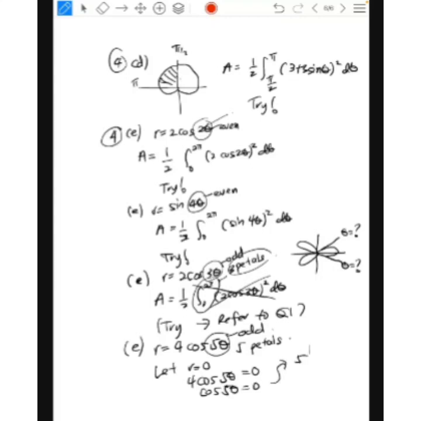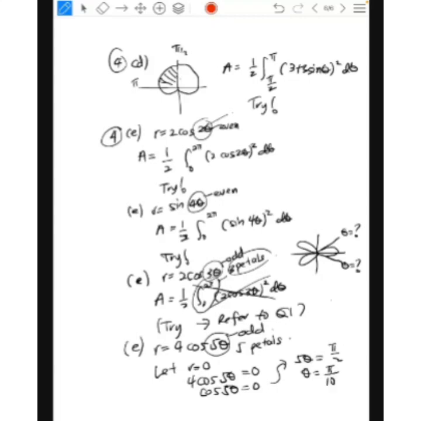So 5 theta will be equals to, again, pi over 2. Okay, so your theta starts from pi over 10.